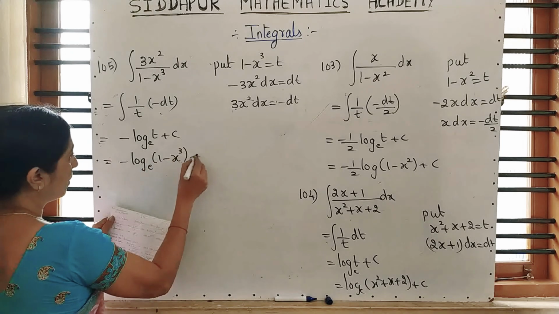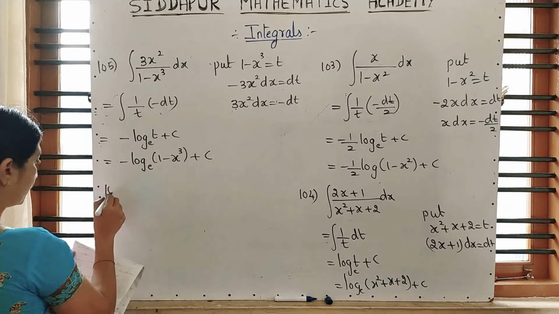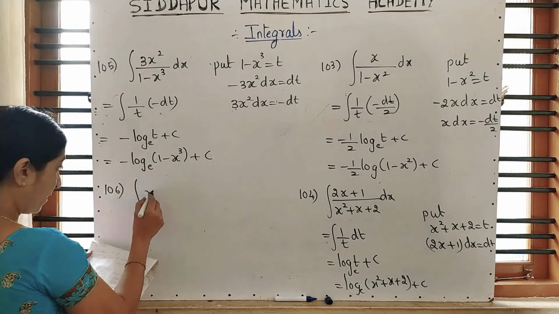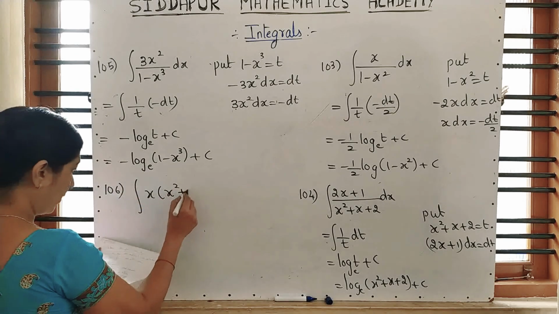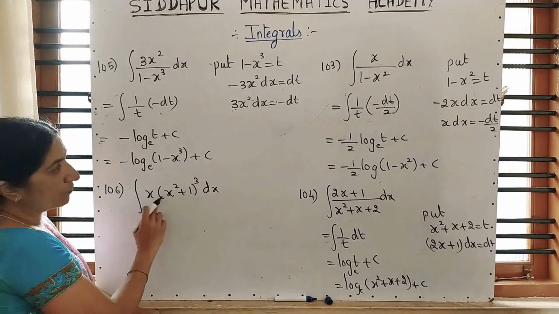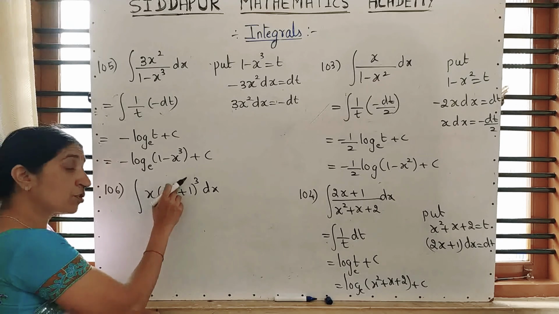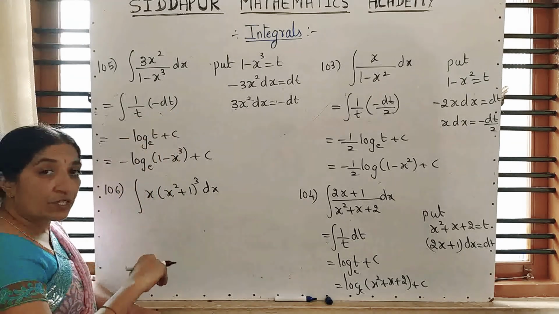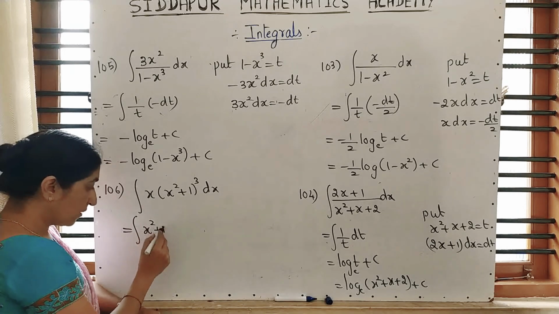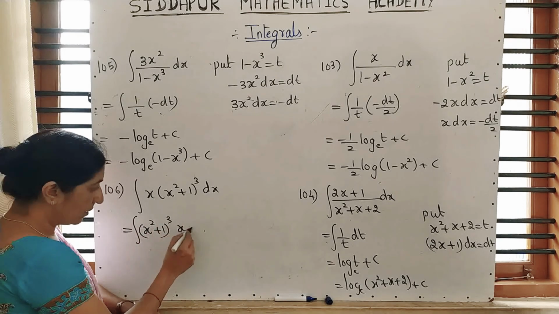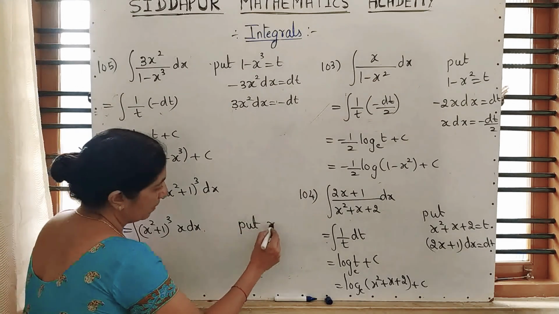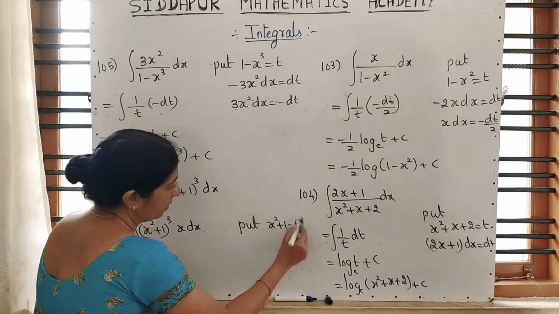1 minus x cube plus, then x square plus 1 whole cube. Out of these two terms, when you differentiate x square, you get one term less, that's why for students' convenience I wrote like this, and x square plus 1 as t.